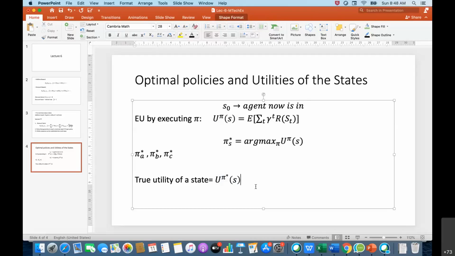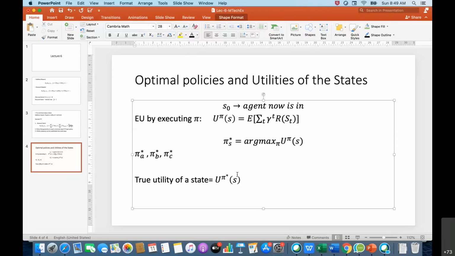That is the expected sum, equivalent to the expected sum of discounted rewards after executing the optimal policy. So here you execute the optimal policy, and then you compute the expected sum. You know this equation from before, and instead of any policy, you execute the optimal policy.